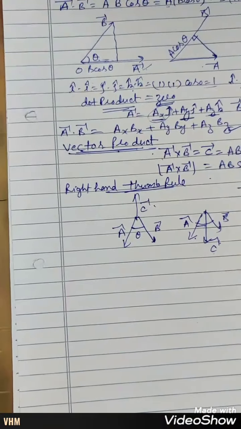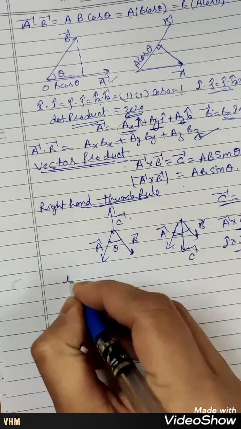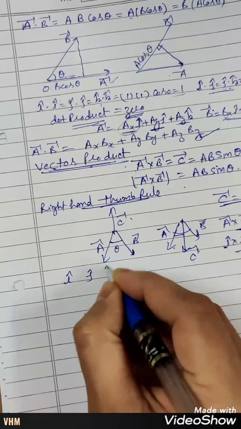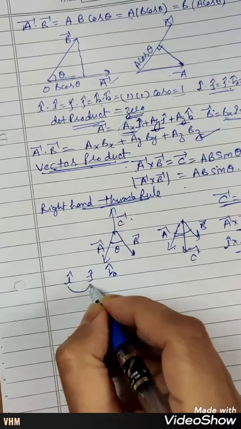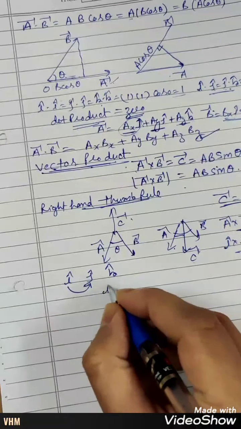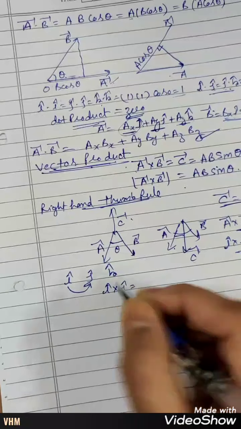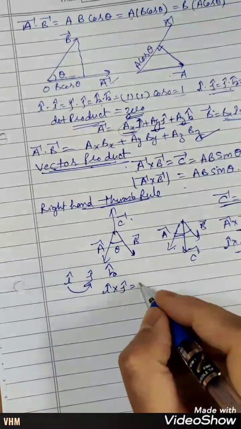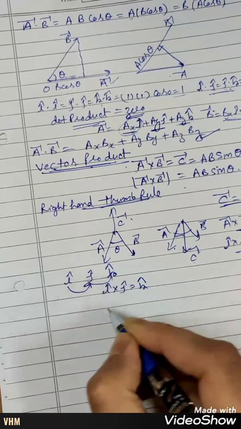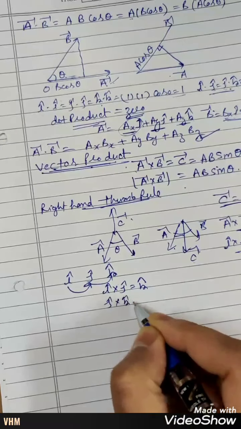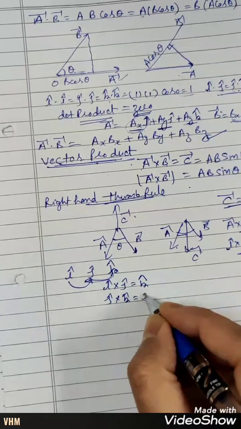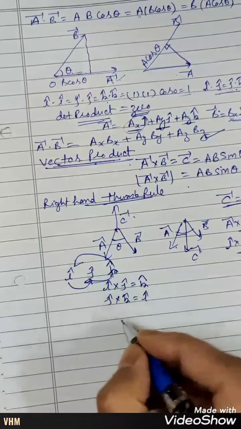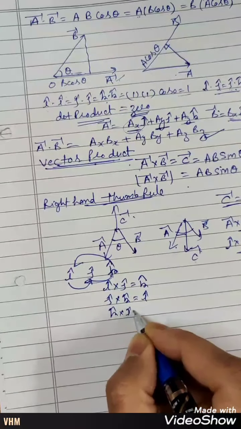Now how do we calculate the cross product? We have a simple rule: i, j, k. i cross j gives the third perpendicular vector, that is k. j cross k gives i. Now k cross i gives j.